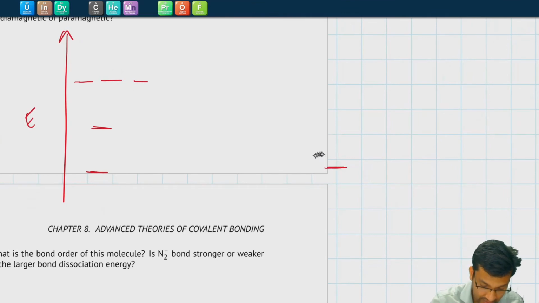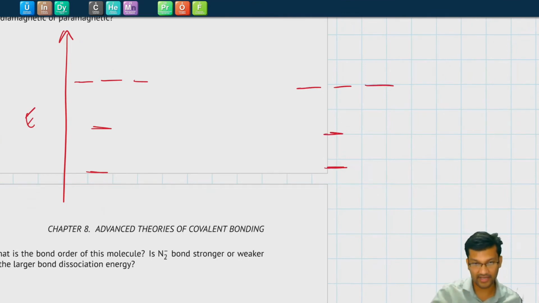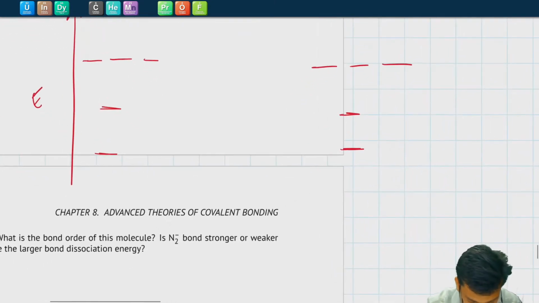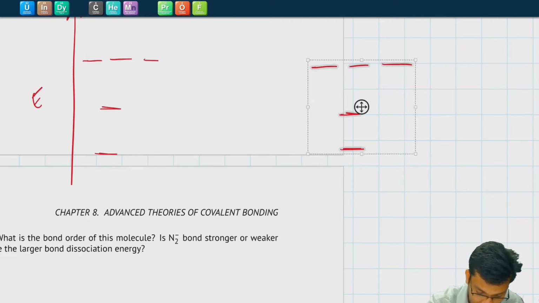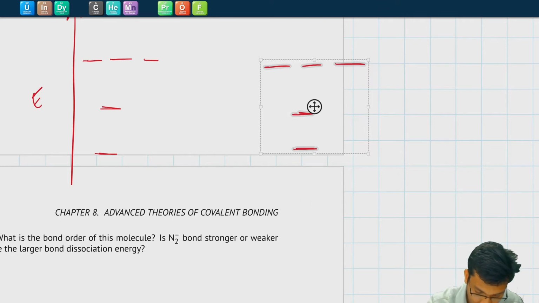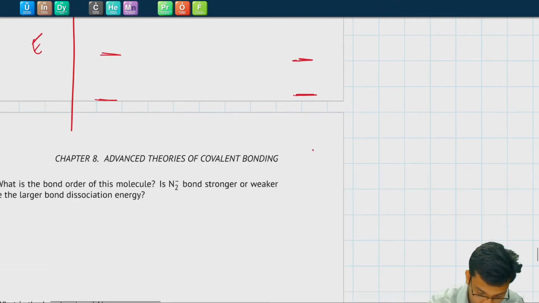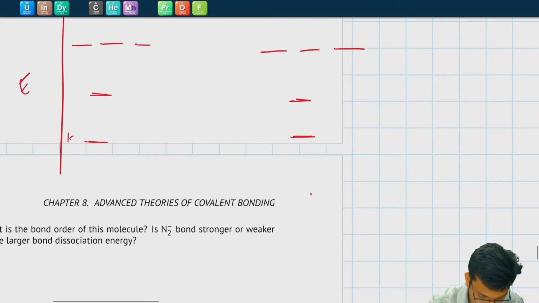So here's another 1s, 2s, and 2p for the second oxygen atom, because there are 2 oxygen atoms coming together. Let's bring these a little bit closer. So 1s, 2s, 2p, 1s, 2s, 2p.